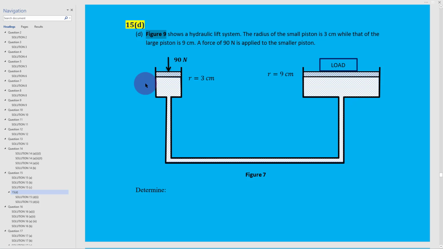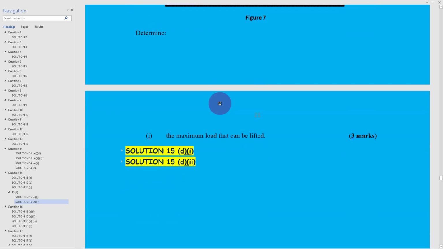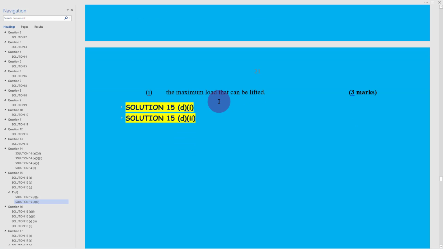And we find that the same pressure that was exerted here is exerted by the liquid on this piston, which supports the load. So you can see that this one is a larger piston, this one is a smaller piston. So we can calculate the mechanical advantage of the system, the velocity ratio of the system, and finally calculate the efficiency of the system.